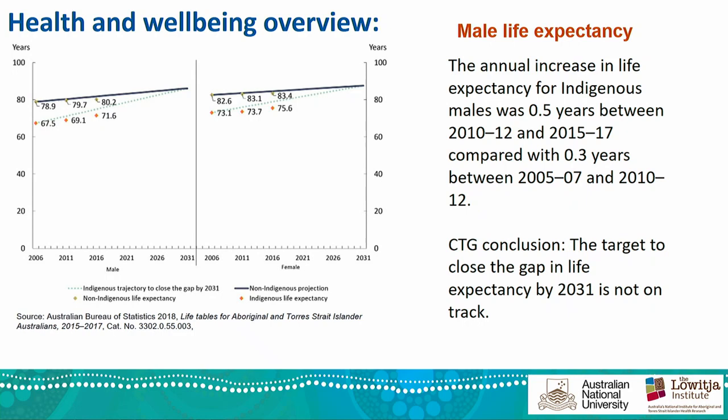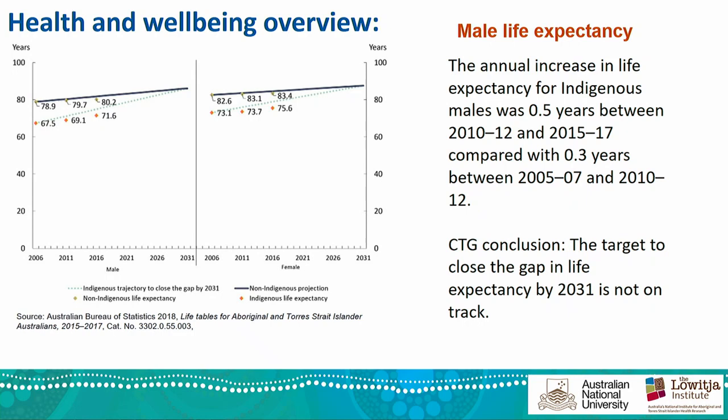So the annual increase in life expectancy for Indigenous males, and I can say for Indigenous females, they always do better than the men. So they're improving life expectancy quicker than Indigenous males. So you can see that there's a half a year improvement between 2010 and 2012. There's a reason why they use 3-year data. And in more recent times, a 0.3-year improvement.